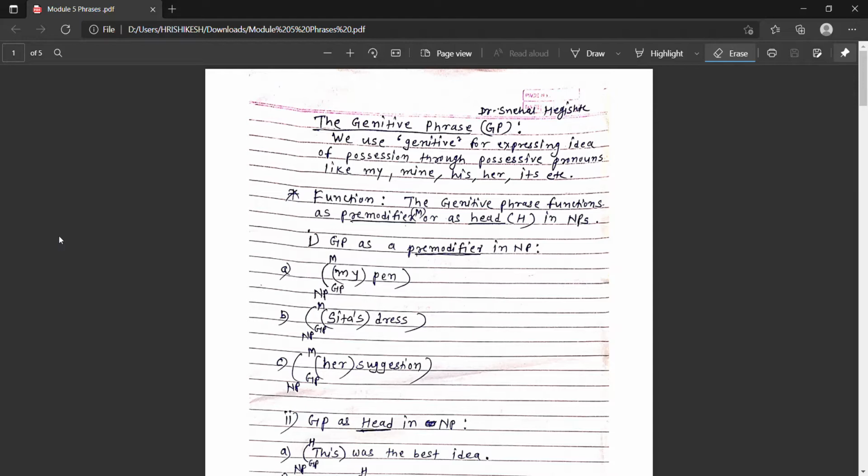The symbol that is used for genitive phrase is GP, G capital, P capital. Last time we already discussed the conventions and symbols used for analyzing sentences as well as phrases and clauses. While analyzing phrases and clauses, we use brackets.